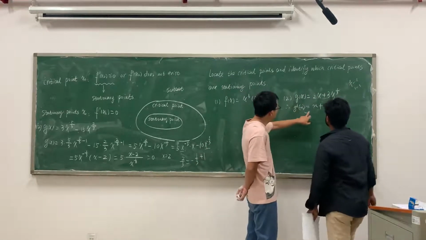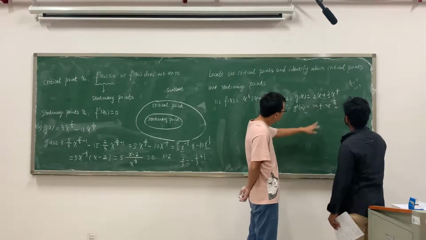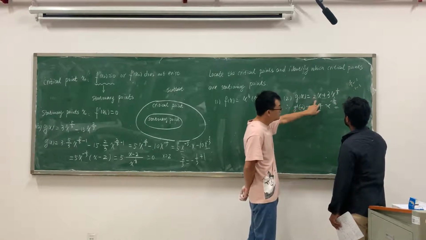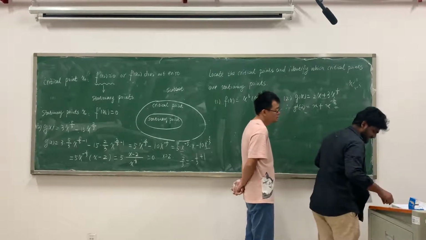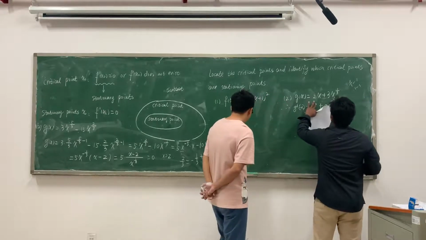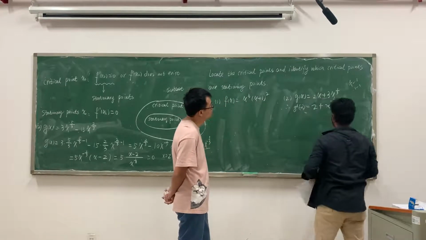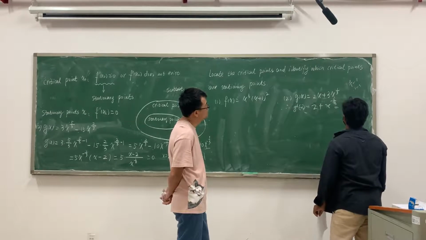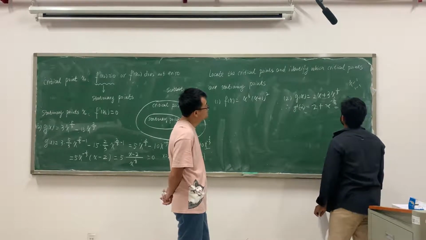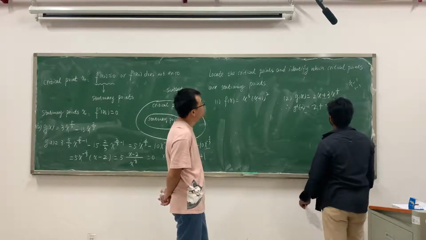Here, g prime equal to x plus 2x directly into so that is 0.